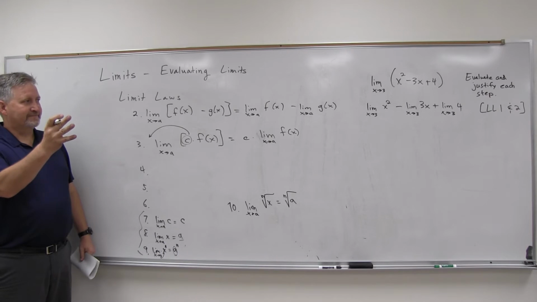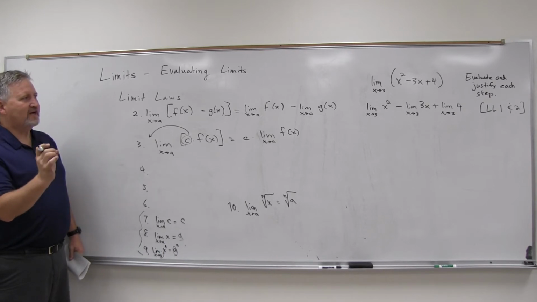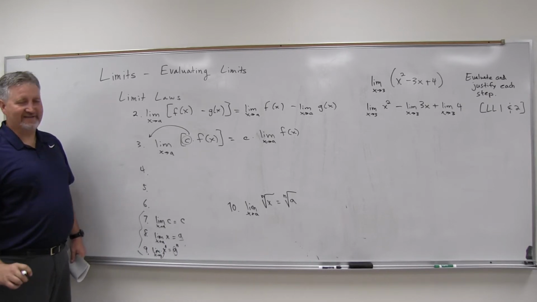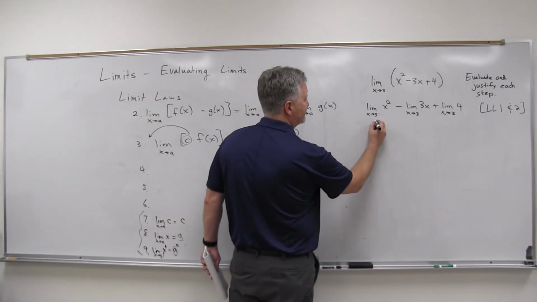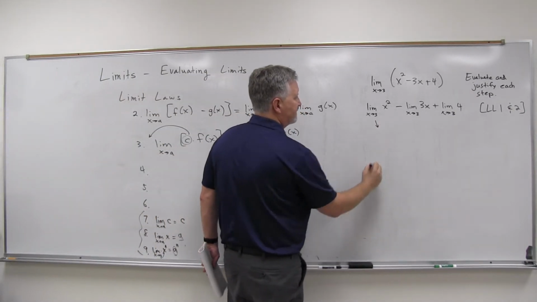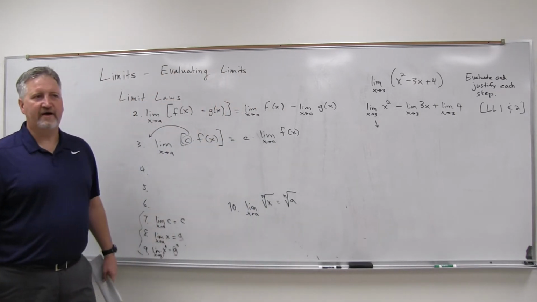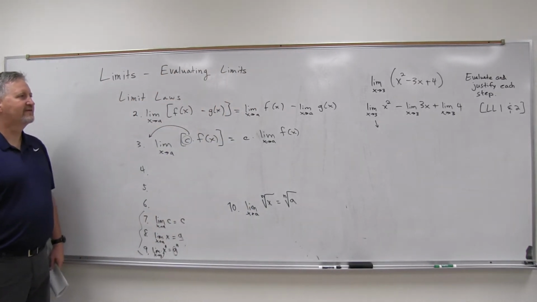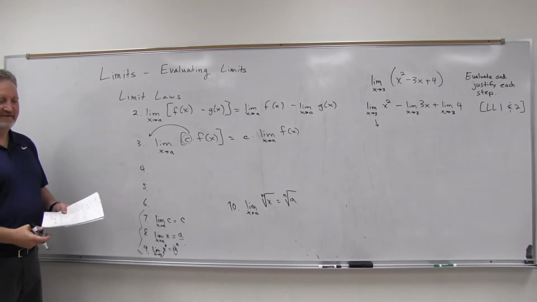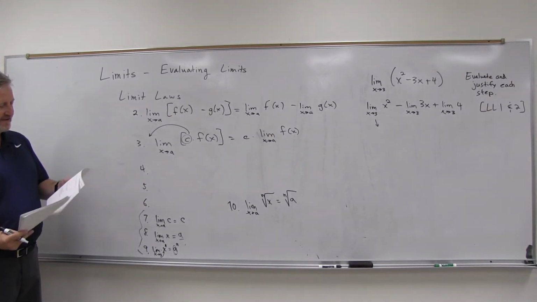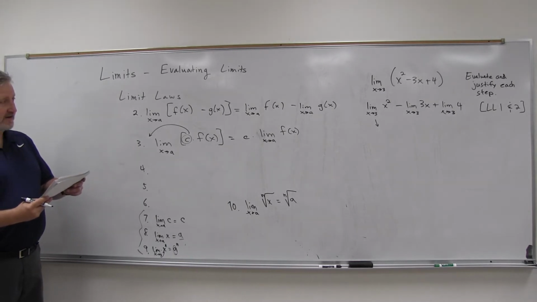Okay, you tell me now. What can I do next? What limit law can I apply to that one? I'll just do them individually. Based on the handout there, limit law number 8.